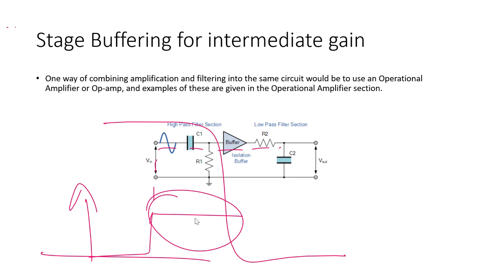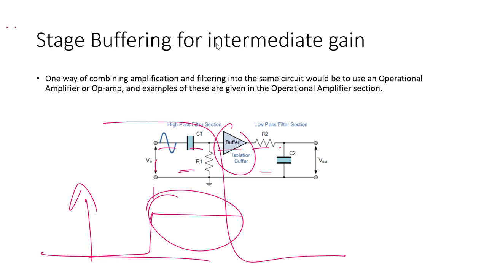So we are getting more gain due to this isolation buffer, and this is used because sometimes the effect of this circuit might cause some disturbance in this. So we have separated these two circuits by introducing this gain buffer.